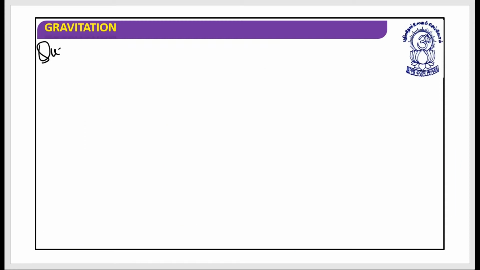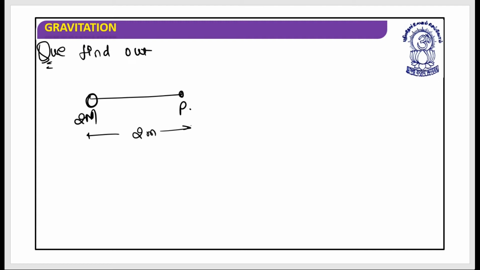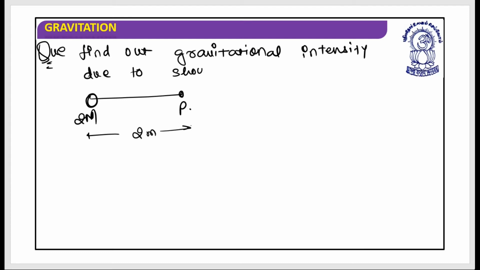Let's have a look. The question says that we have one mass over here, it's 2m, and a point P over here. This distance is 2 meter. The question says: find out the gravitational intensity due to the shown situations.